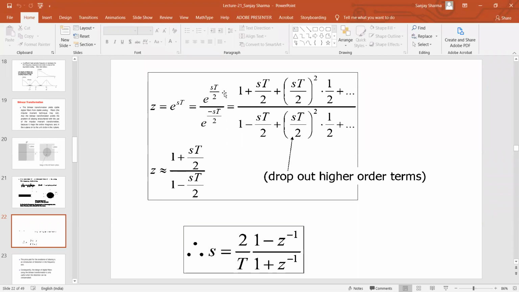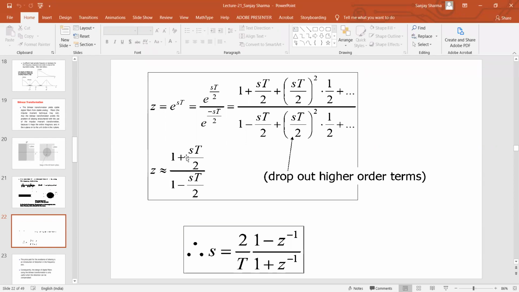And I use power series expansion for the numerator and the denominator. So I will get this, and I will now drop the higher order terms. Once I drop them, my Z will be approximately equal to 1 plus S capital T by 2 divided by 1 minus S capital T by 2.